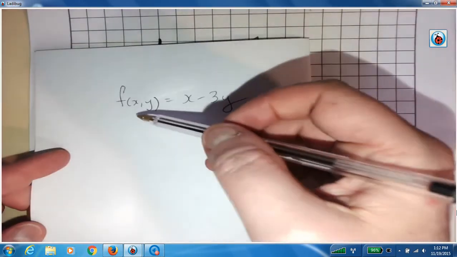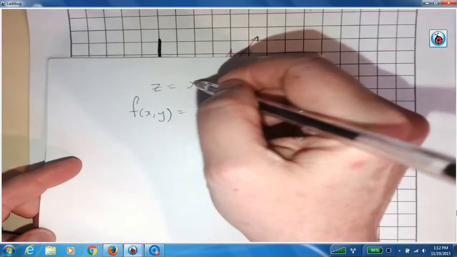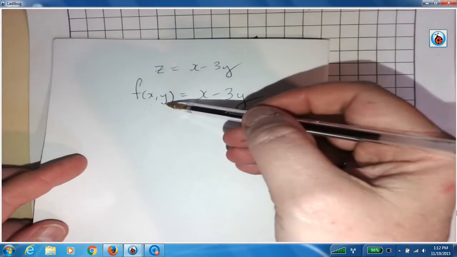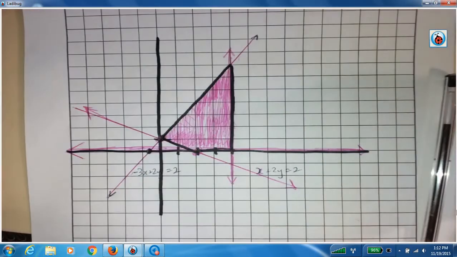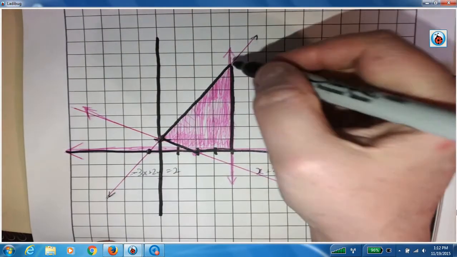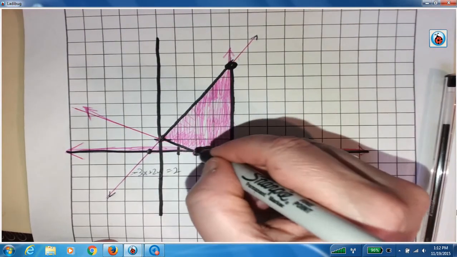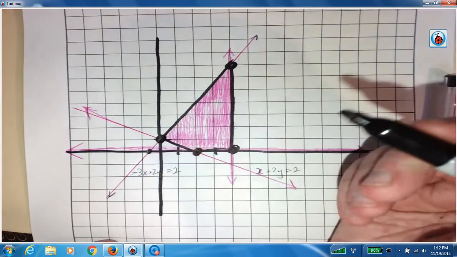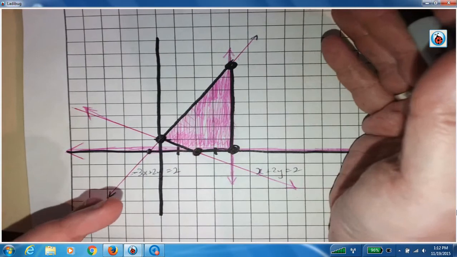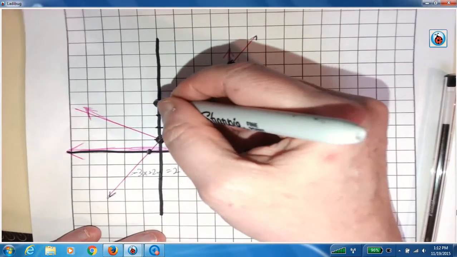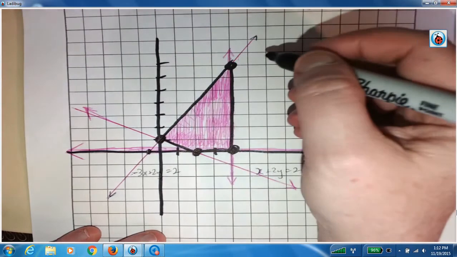Well, and of course our book would put it like that. Well, what do I put in here? I put in the vertices, the corner points. And how many corner points do I have on this? Okay, and what are their intersection points? This is 1, 2, 3, 4, 5, 6, 7.